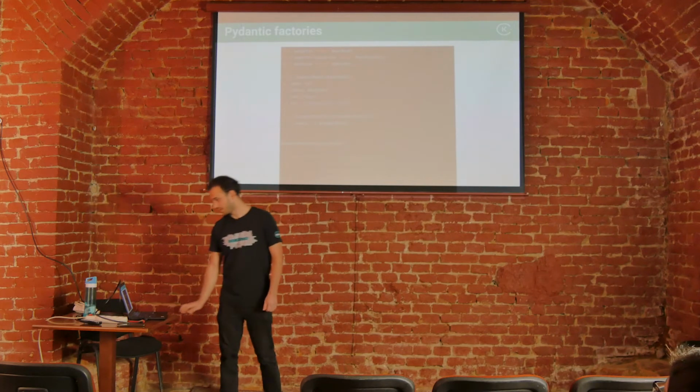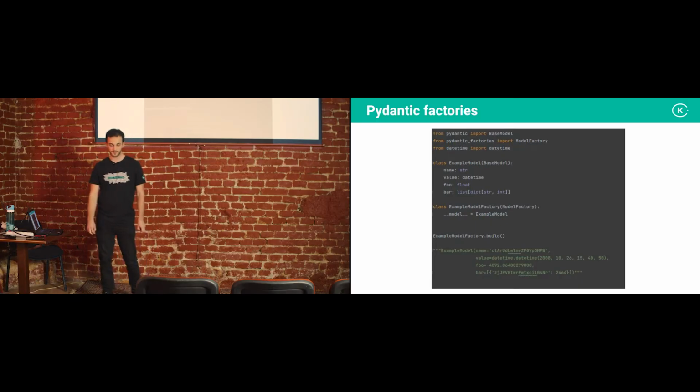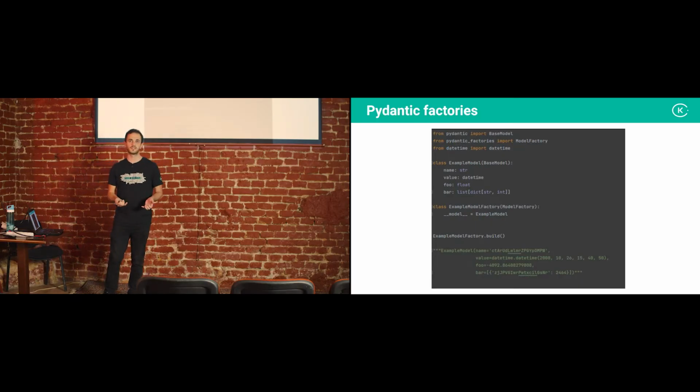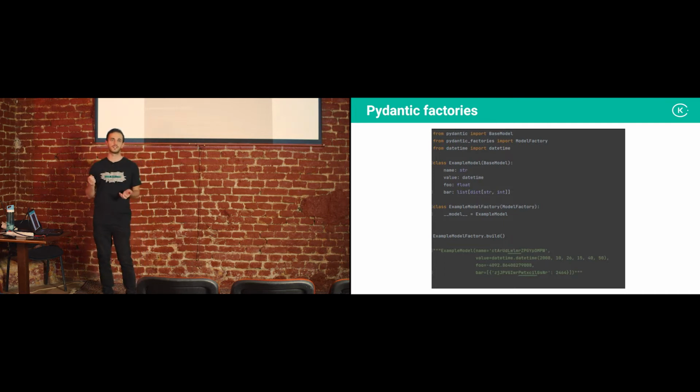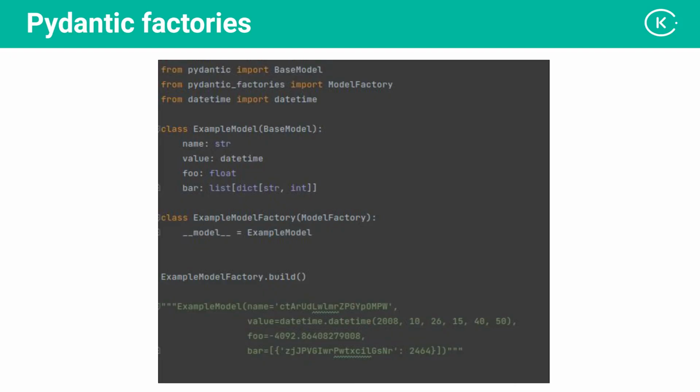At the end of my talk, I would like to mention one really amazing package. It's called Pydantic factories. If you have some experience with factories, such as SQLAlchemy factories, you need to write a separate factory with all the fields you would like to generate data for. But if you are using Pydantic and the Pydantic factories package, it can take any Pydantic model and extract the information about the fields from it.